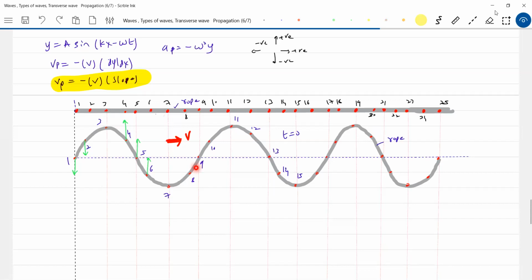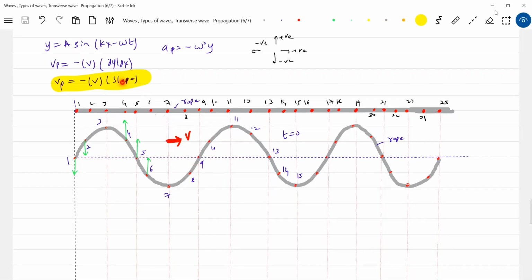What about 8, 9, 10? Slope will be positive. Velocity of particle will be negative. So this will be moving down. Getting some idea?